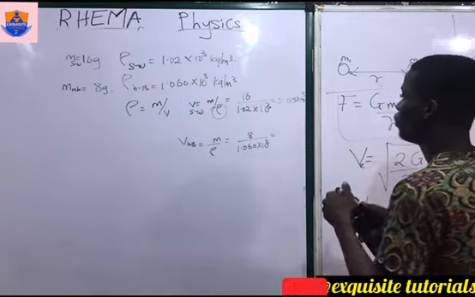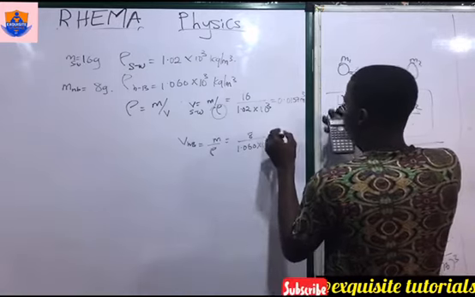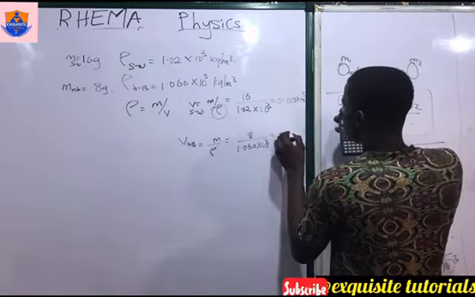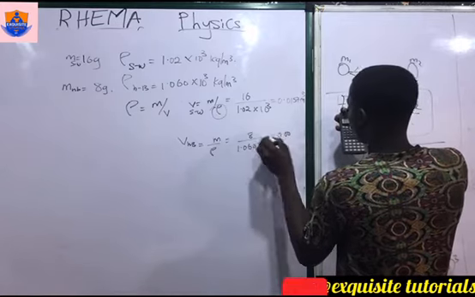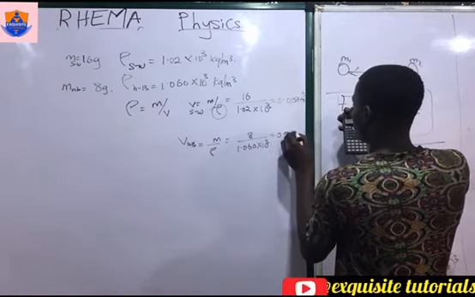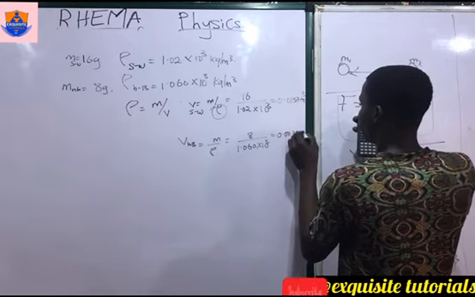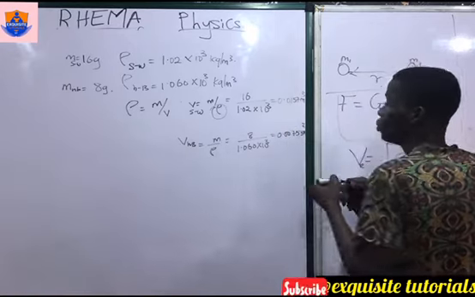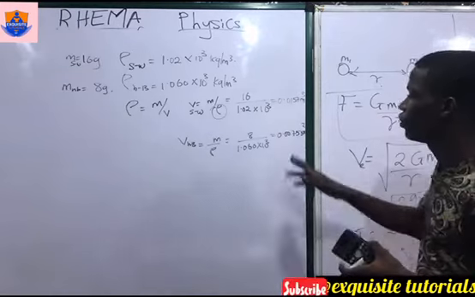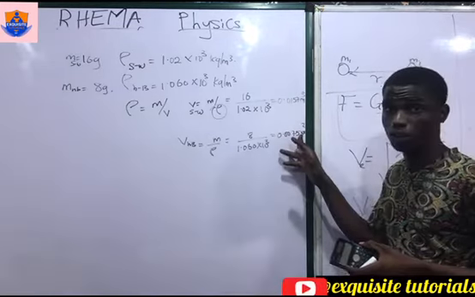If you do that, you'll have 0.00755 meter cube.